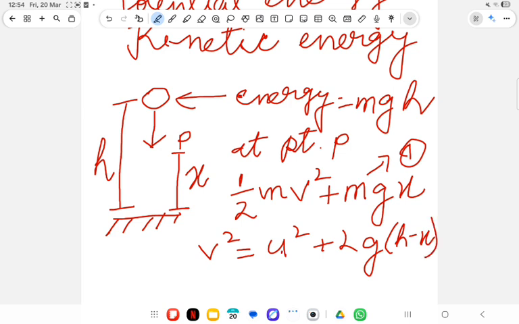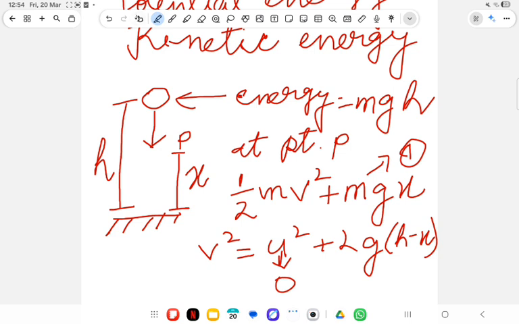Here initial velocity will be 0 because initially the ball was at rest at the height h, and here we are considering the distance as h minus x because at a particular time interval the ball has moved a distance h minus x from the top portion.